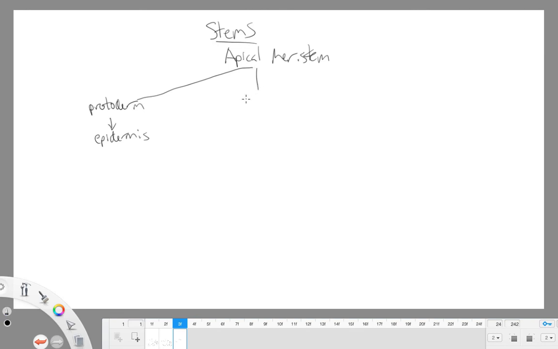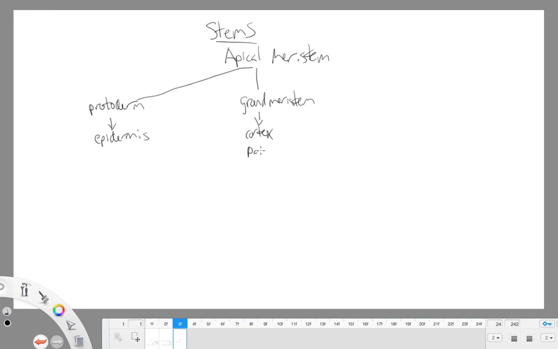We then have the ground meristem, which is going to produce our cortex. Now, in our stems, our cortex is a little different. In the roots, it's primarily those parenchyma cells. In our stem, the cortex has all three of those main tissue types, right?